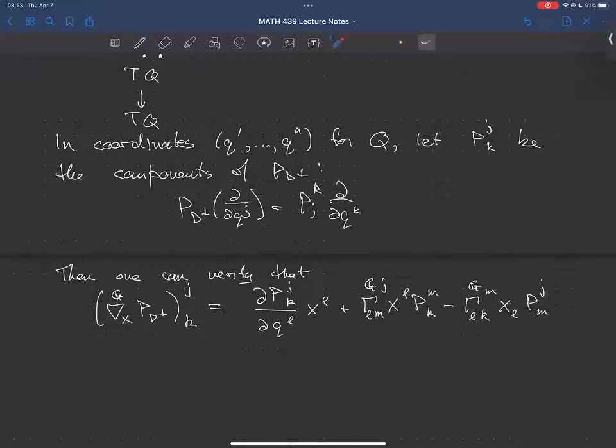Enough people have asked me, calculating Christoffel symbols in the examples for the project, to know the Christoffel symbols are kind of messy. And then when you add in the fact that P is going to be kind of messy, this is a thing where you legitimately will get Mathematica to croak.